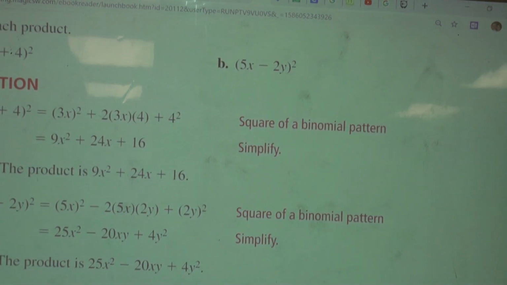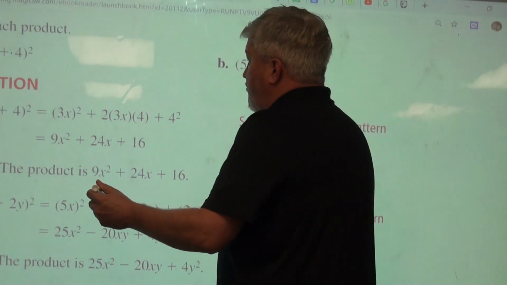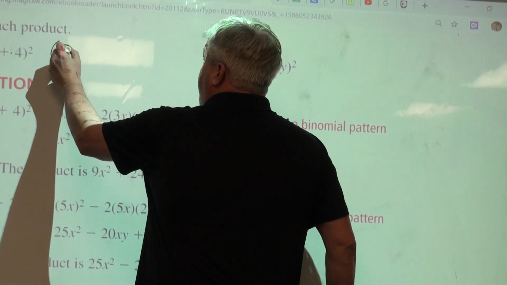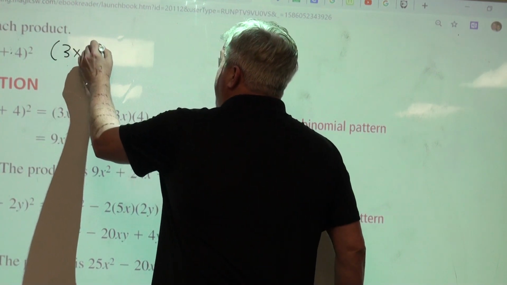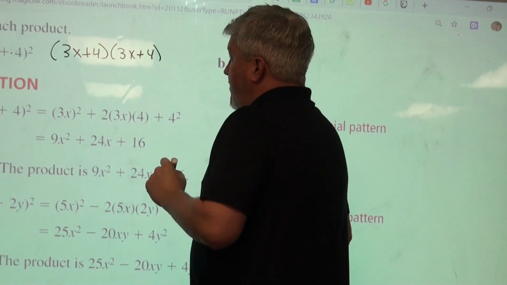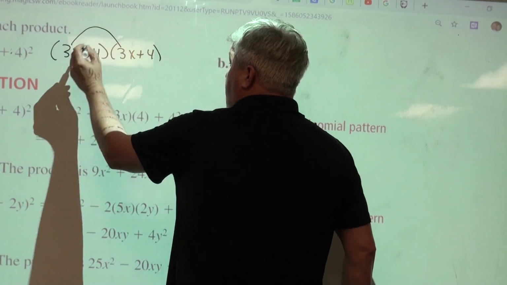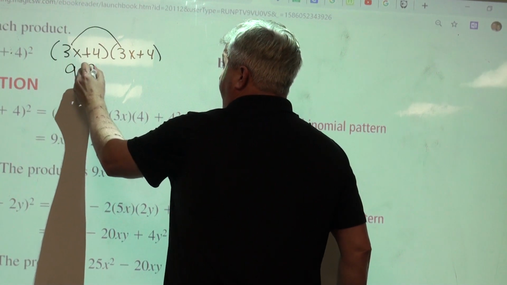So let's look at these examples. Find each product. The first one says 3x plus 4 squared, which is 3x plus 4 times 3x plus 4. Okay? So you multiply the first terms together, you get 9x squared.